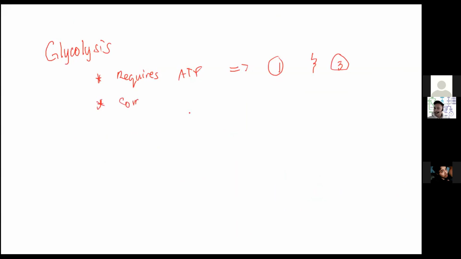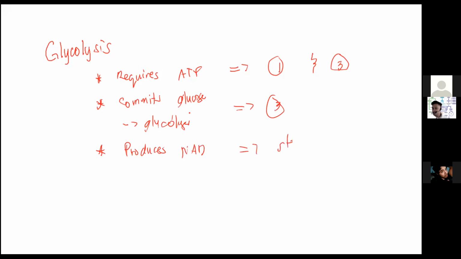What commits glucose to glycolysis? Step 3. What produces NADH? I think I created a table for this in your notes. Step 6. What produces ATP? Step 7 and Step 10.